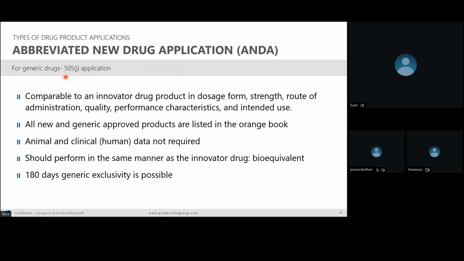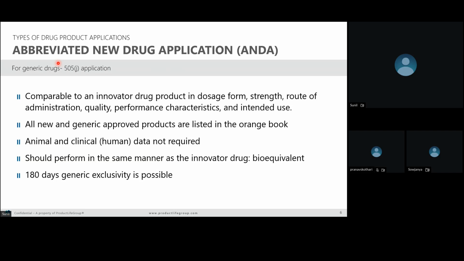Here, suppose in 2031 the innovator was approved, and the patent and exclusivity expired in 2041. Then generics will start entering with the same dosage form, rosuvastatin tablets 10, 20 and 40 mg, oral route, with the same quality and performance characteristics. Then they can file an ANDA to get the generic product approved.